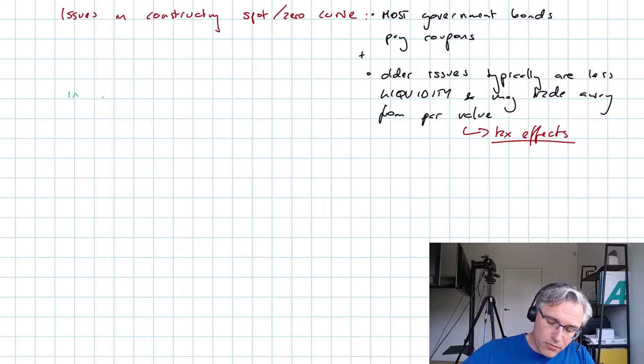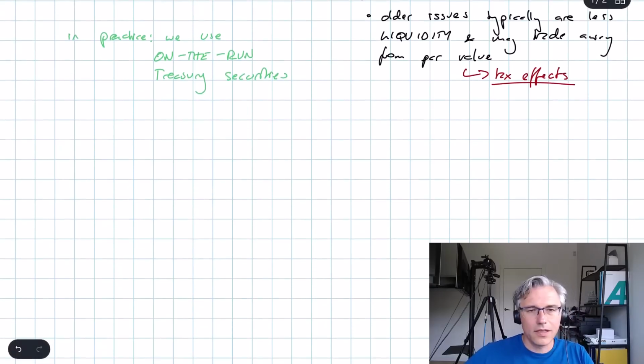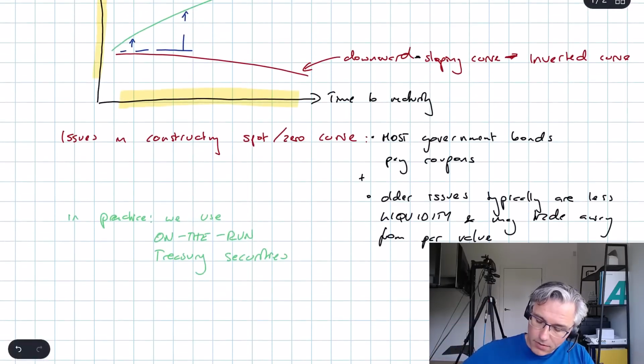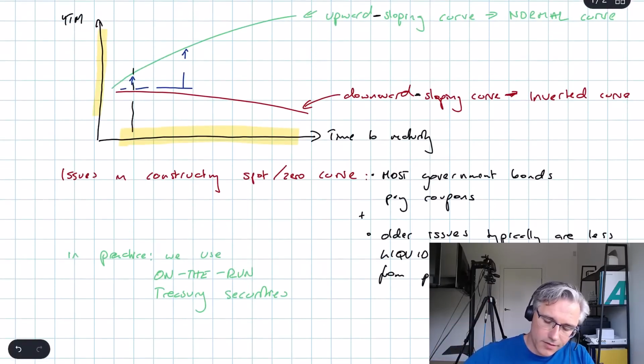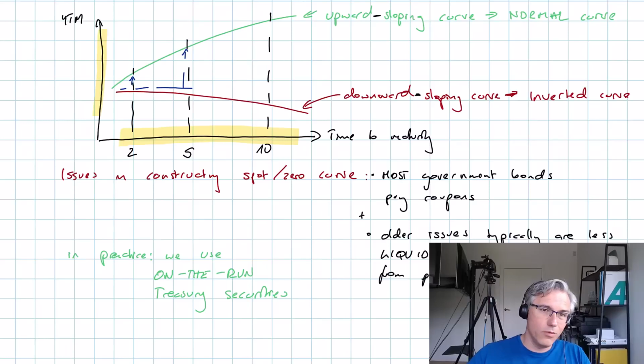What we do in practice, however, is we typically use so-called on-the-run treasury securities, so the most recently issued batch of securities, to help us build a spot curve. And we will typically have data on something like a 2-year bond, a 5-year bond or note, maybe a 10-year and something in between. But for everything else that's not covered by specific issues that are coming to the market right now, we will have to make judgments.